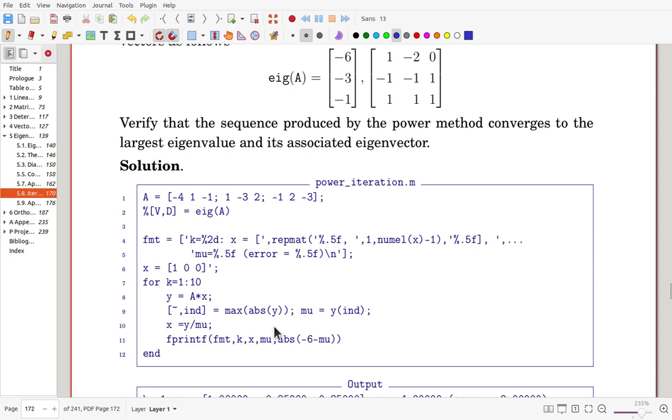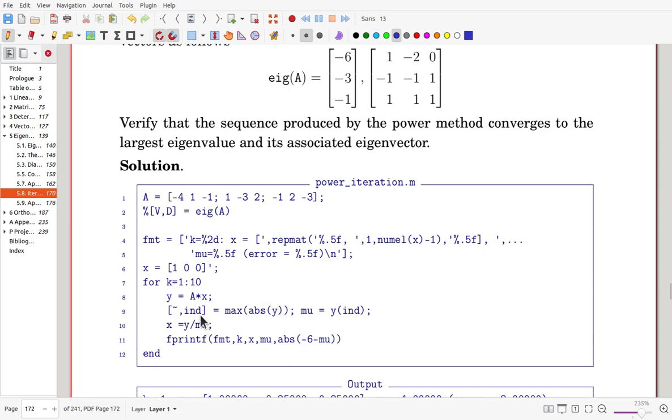Now rather than taking here the maximum norm, we try to find the position where the maximum value occurs in modulus. Take here the absolute value and try to find the maximum, and that is the position of the maximum in this array.